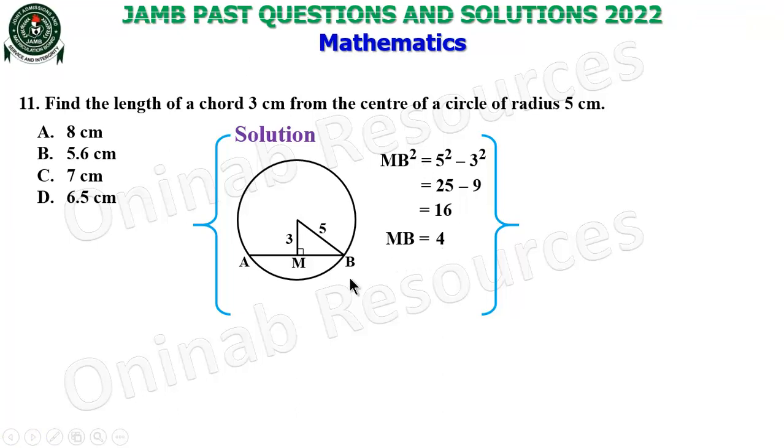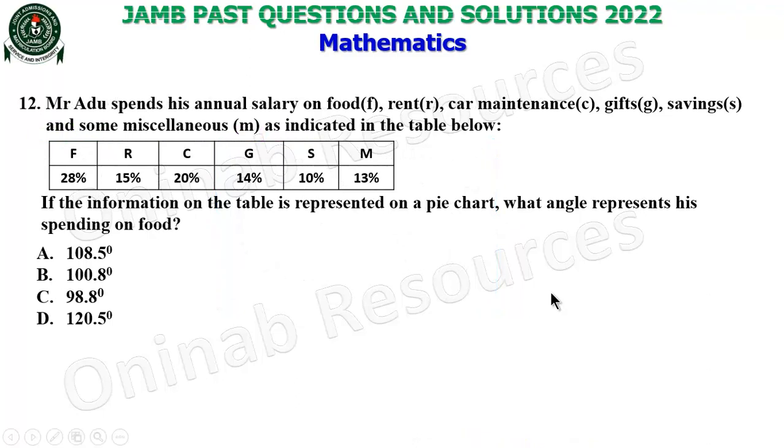So that our AB now, we said we are multiplying the MB by 2, since MB is equal to AM. So we have 4 times 2, giving us 8 centimeters. And that is option A. So that's all for problem 11. We then go to problem 12.